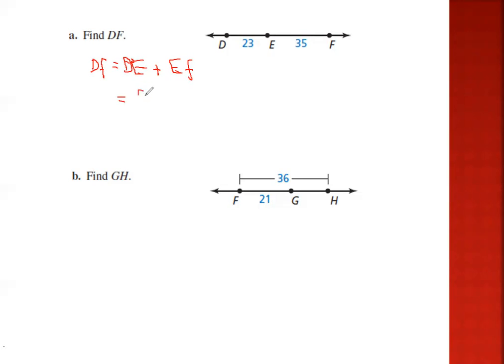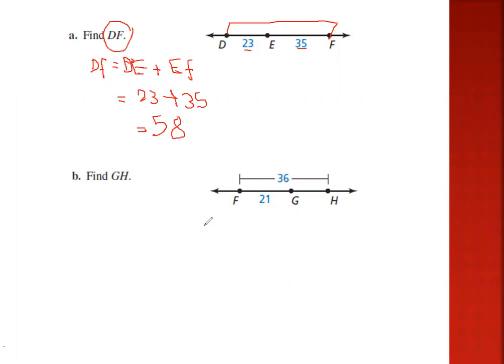Can anyone tell me the answer? 23 plus 35 equals 58. Okay. Then, once you have the question, which is DF, you have to determine it on the line DF. So we are looking for the total, so we will add them together.